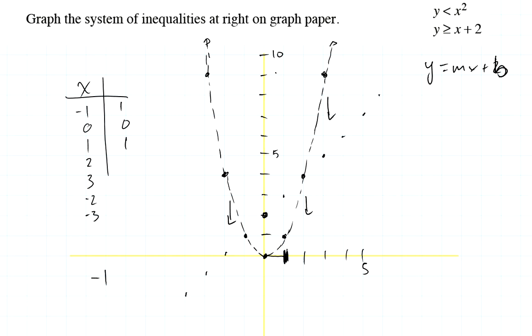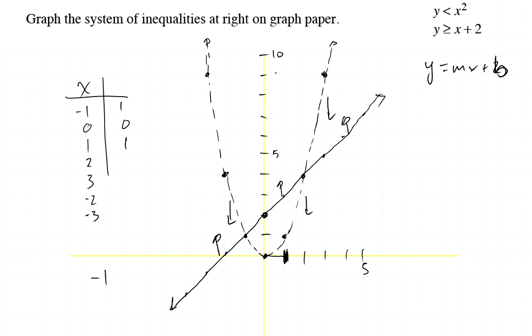This particular boundary line is solid because it says y is greater than or equal to x plus 2. So here's the line y equals x plus 2. That's the line. And this inequality says y's are those things that are greater than that. So I'm shading above this line, above it.